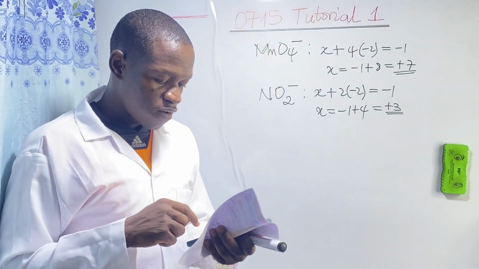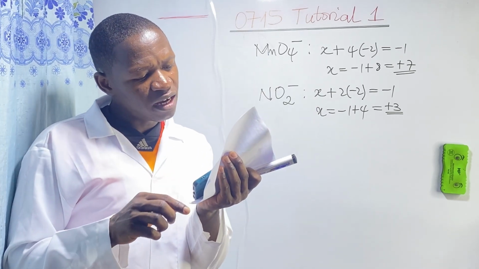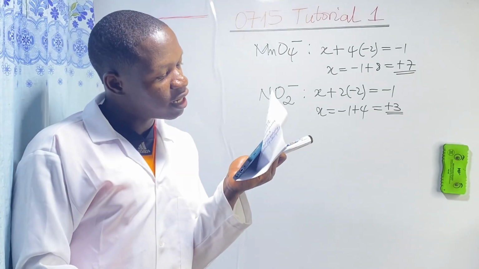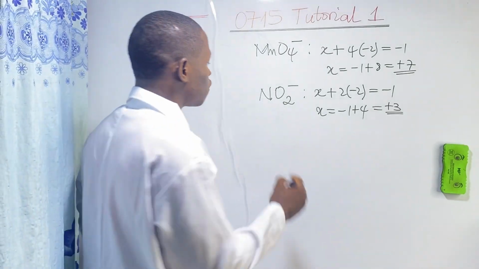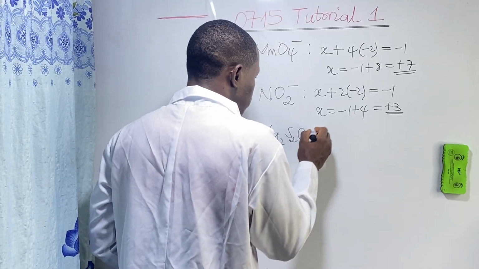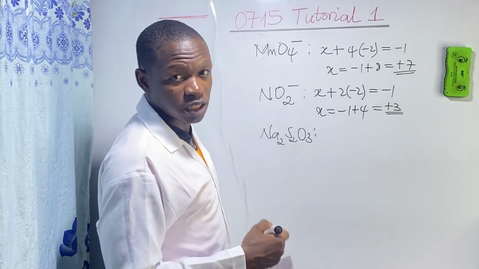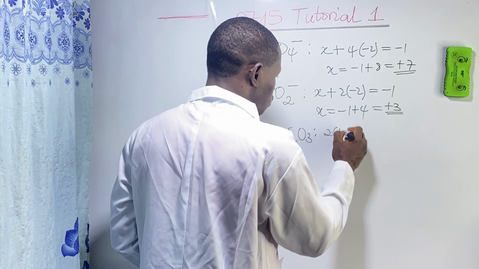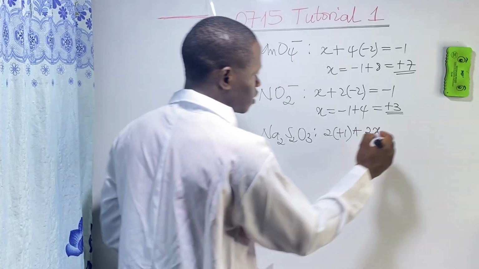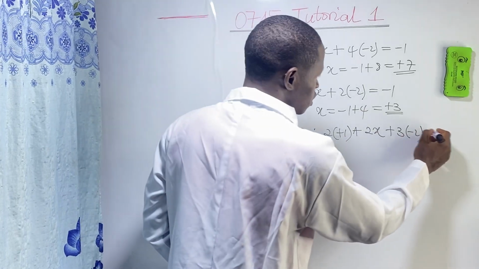Next, oxidation number of sulfur in sodium thiosulfate. Sodium thiosulfate is Na2S2O3. We are asked to solve for sulfur. Sodium is +1, so we say 2 into +1 plus sulfur is X, so 2X, plus oxygen is -2, and there are 3 atoms, equals to what?